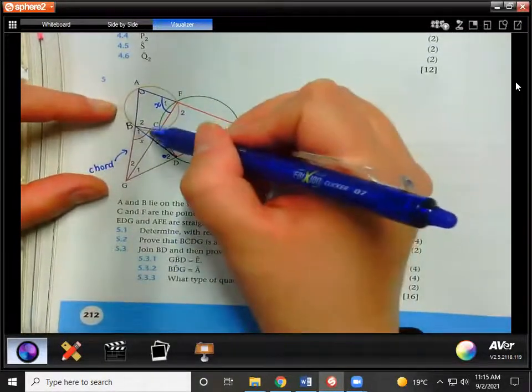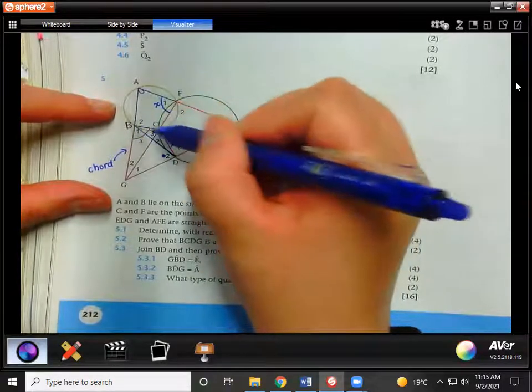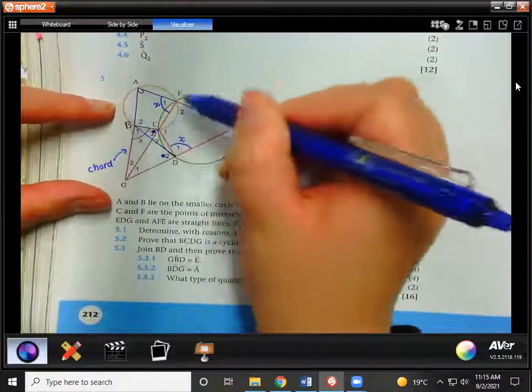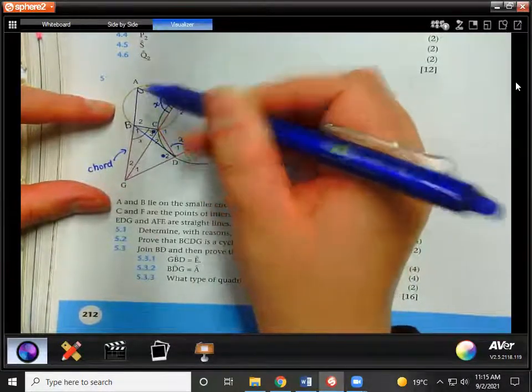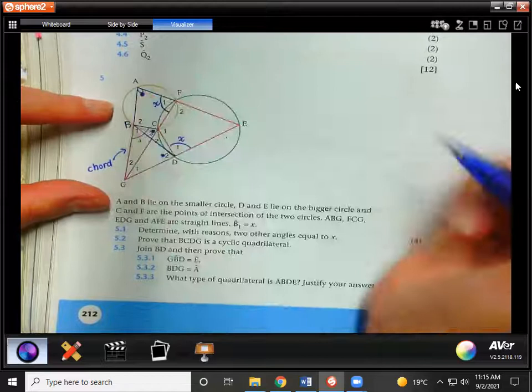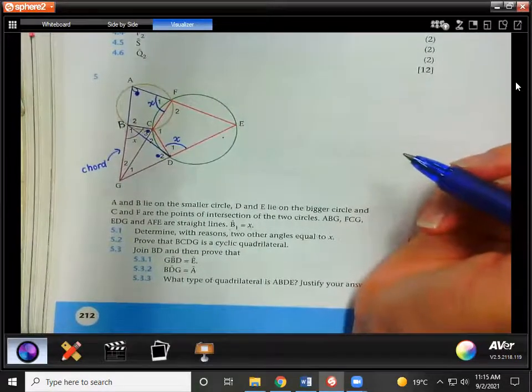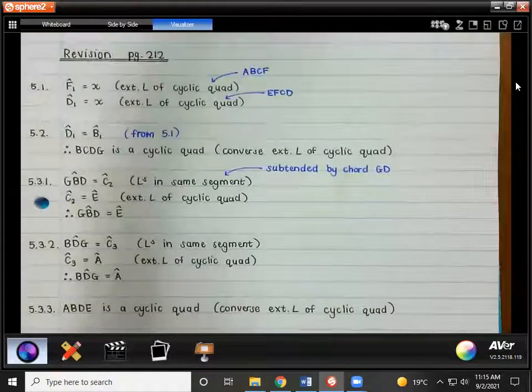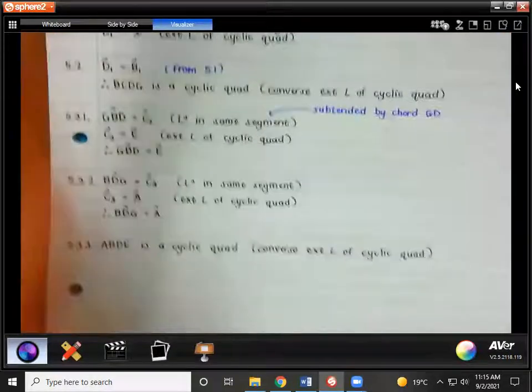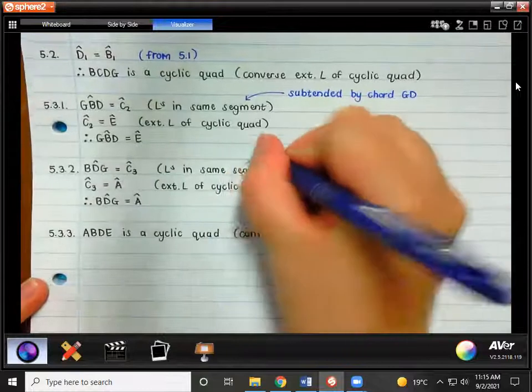And again, C3 is now an exterior angle of the smaller cyclic quad. Right? The exterior angle is equal to the opposite interior angle, which is A. Okay, so the exact same steps as for the first one, 5.3.1, just working with different angles now. So this angle is in same segment.